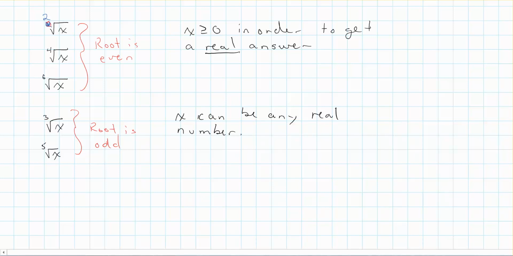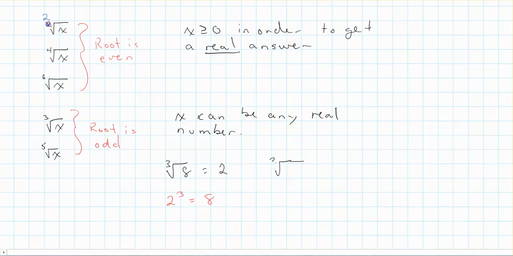A quick example to illustrate this: let's go back to the cube root of 8, which we wrote before and said is equal to 2, because 2 to the third power is equal to 8. But now I said we don't have to worry about negative numbers with odd roots.